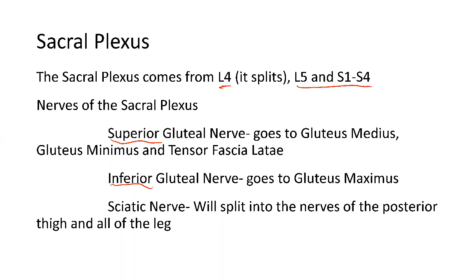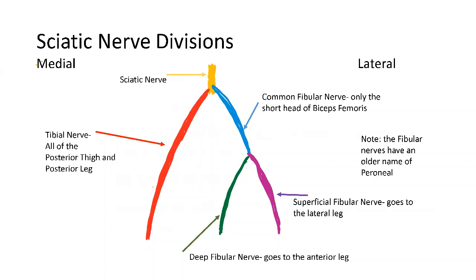Now, the sciatic nerve does split, and you are responsible for this drawing. So if you have the sciatic nerve, and I put in medial and lateral, I want you to think about this as if you're looking at somebody's posterior right leg. So this is the right side, and we are looking posterior, medial, lateral.